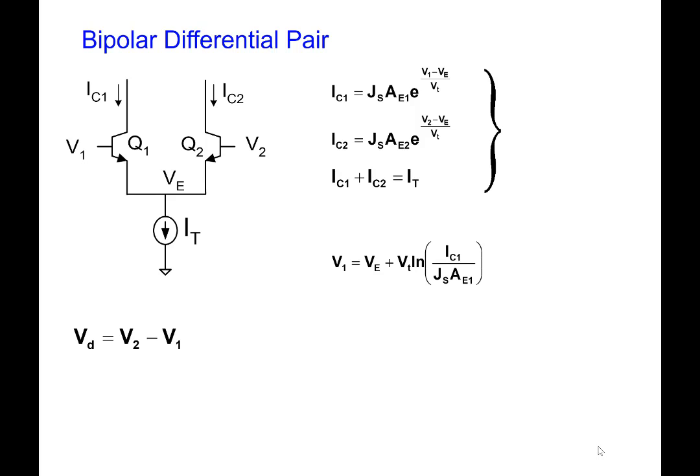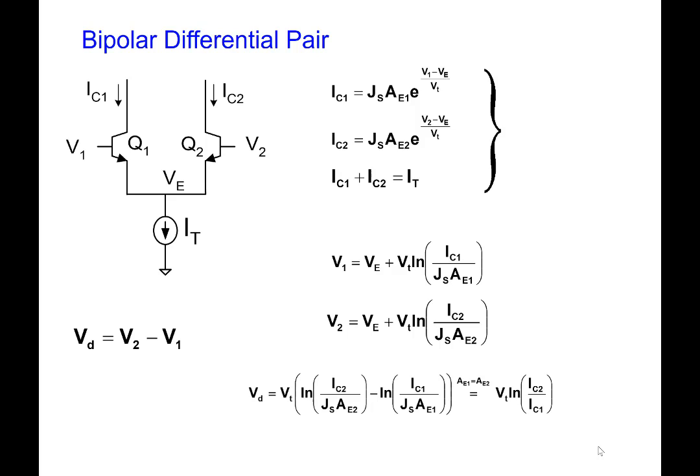And then I can write, if I take the log of the first equation, V1 is equal to VE plus VT natural log of IC1 over JSAE1. That's just the same equation written in a different form. And I can do the same thing for V2. And now I can take the difference of those two equations, and that gives me VD, and VD is now a function of IC1 and IC2.